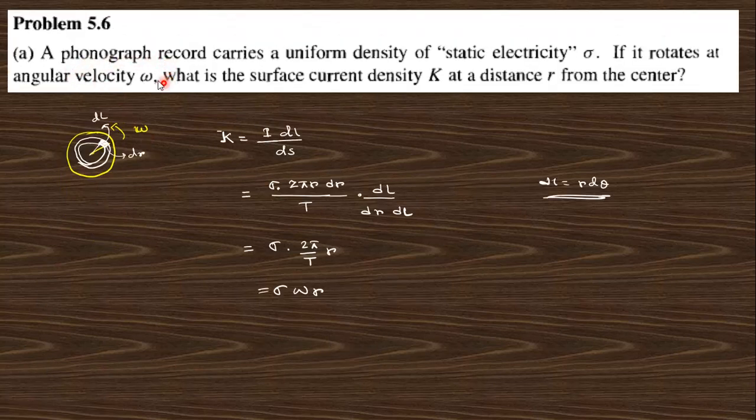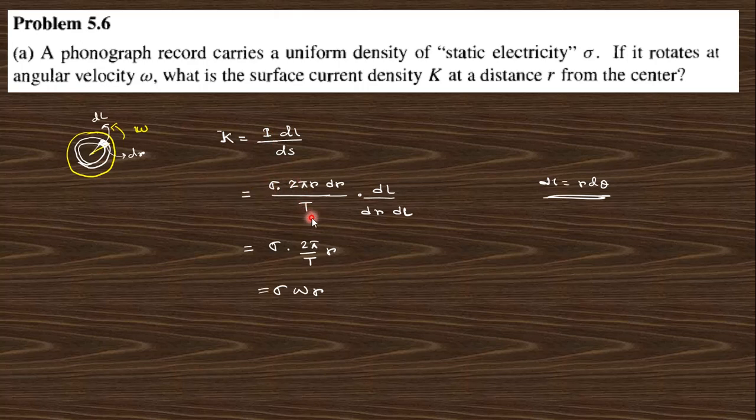A phonograph record carries a uniform density of static charge sigma. Sigma is the static charge density on this record. It rotates with angular velocity omega. What is the surface current density from the center? Surface current density is I dl by ds. So what is the value of I?